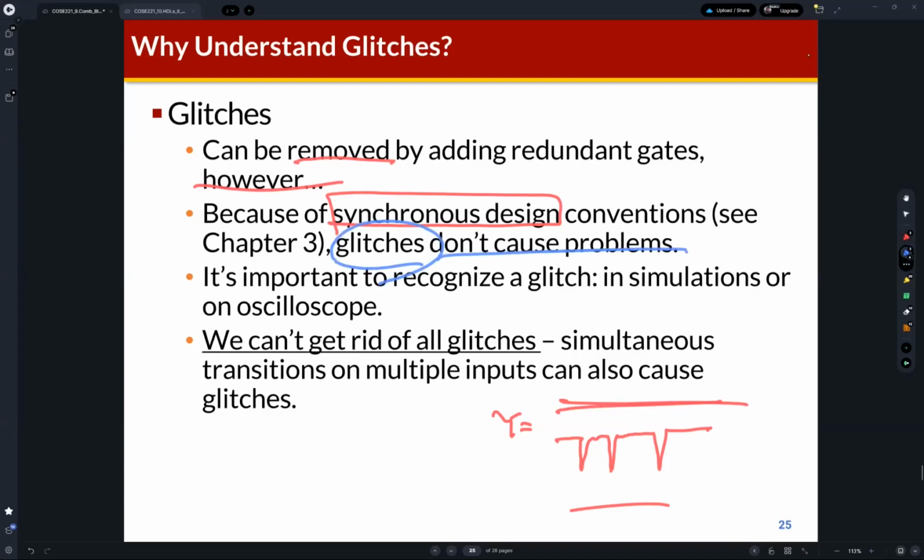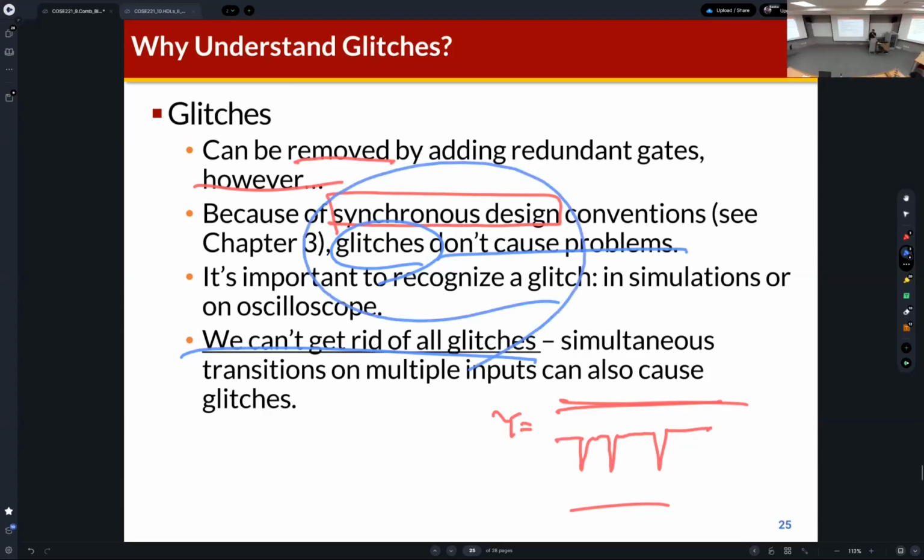This is very good news, right? Because of the glitch, we cannot get clean output from the combinational logic, but if we build synchronous logic, a synchronous design, then we can ignore glitches. That's why we need to learn about sequential logic. So this is the problem: we cannot remove all glitches, so we will use the synchronous design.